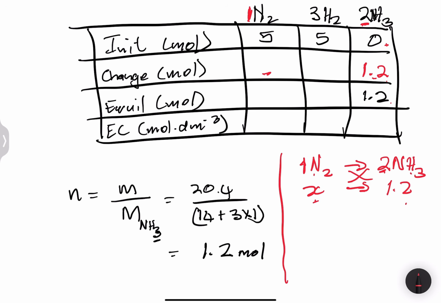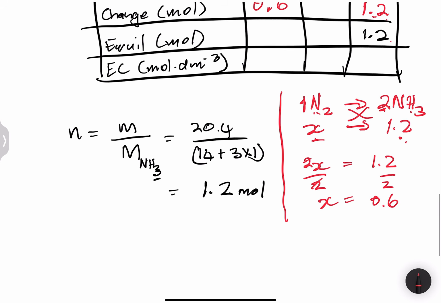So that's 2 multiplied by x, that's going to be 2x. 1 multiplied by 1.2, that will give me 1.2. You only multiply the coefficients. Please don't worry yourself about all the other things. Now I'm going to divide by 2 to get the value of x. So that will be 0.6. So the amount of nitrogen that was used in that case was 0.6.